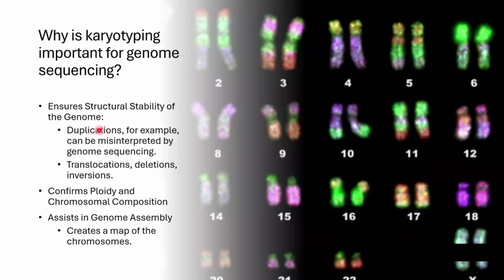So you don't know if that sequence is only on one chromosome or two. This is why you need to know the content in terms of chromosomes and then their patterns, as we've seen in the Giemsa stain, because that will allow you to see if your sequence is only a single sequence in the genome, or a duplication that exists on two separate chromosomes.